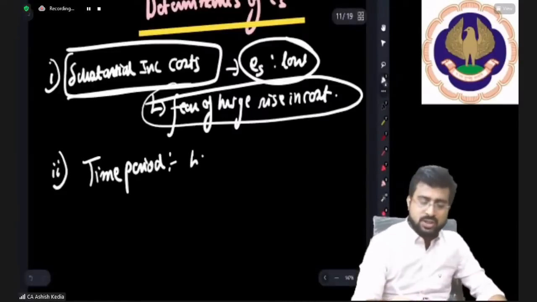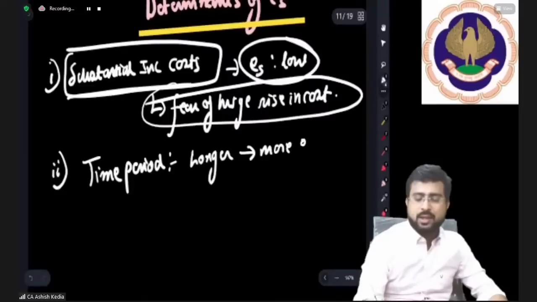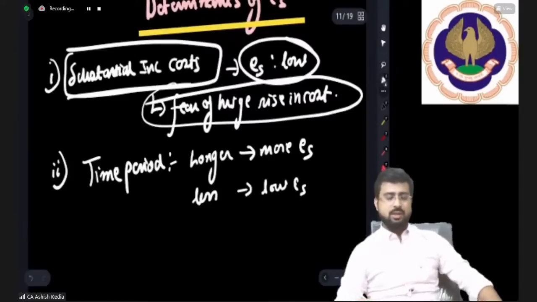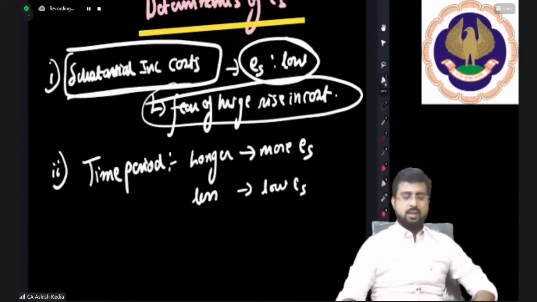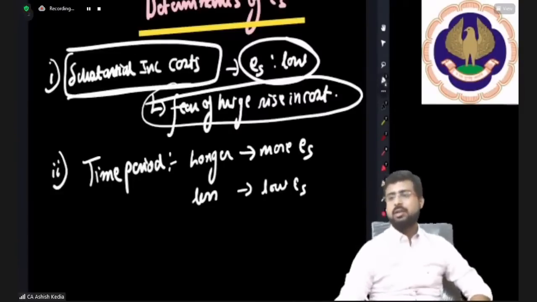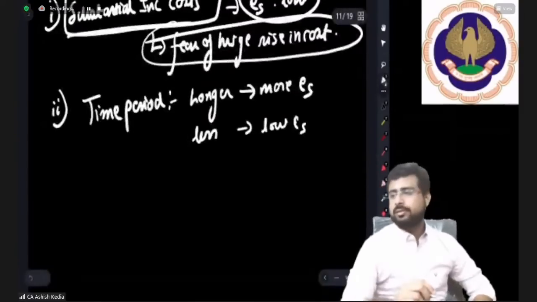So simple logic: longer time period, more elastic is the supply. Lesser the time period, low elastic is the supply. Okay, point number two.